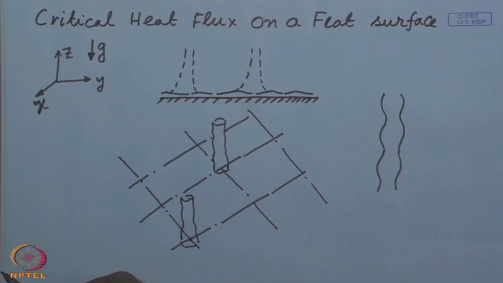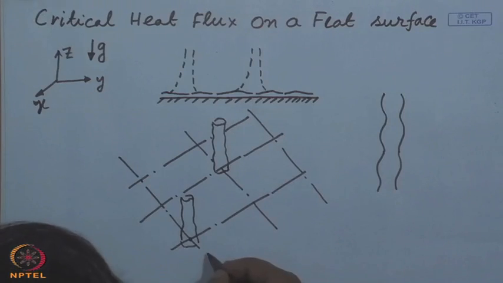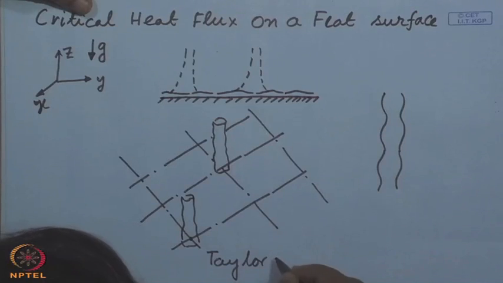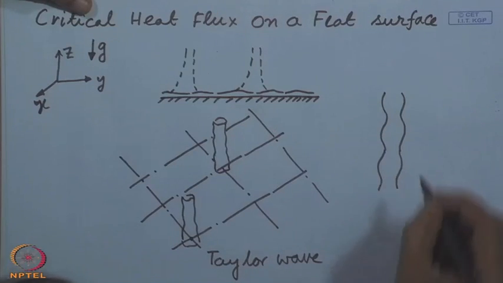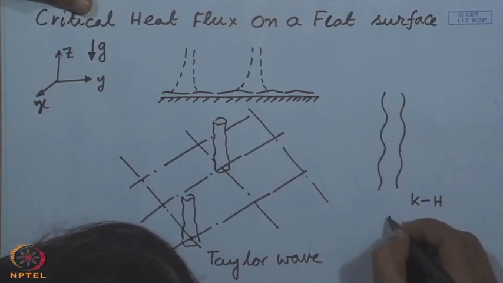This gives rise to another kind of instability, known as Kelvin-Helmholtz instability, both of which I have mentioned earlier. So, here we can get some Taylor wave, and in this case we can have Kelvin-Helmholtz instability.